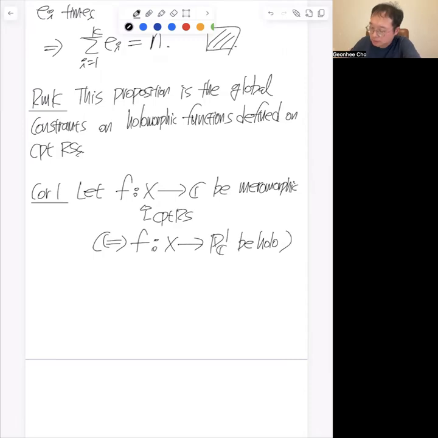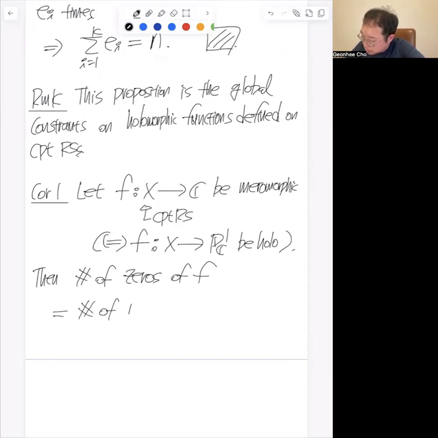Then we can say that the number of zeros of f is the same as the number of poles of f, of course with multiplicities.